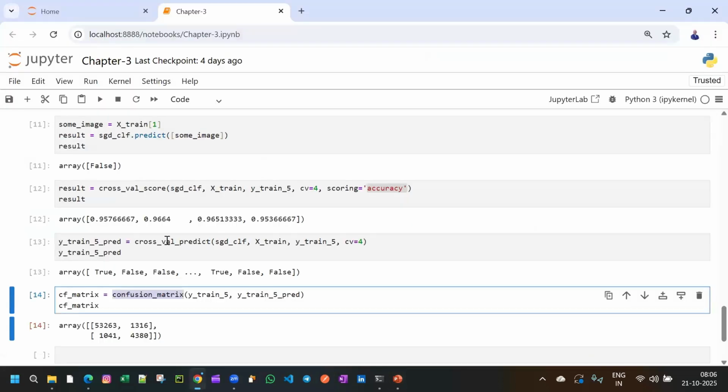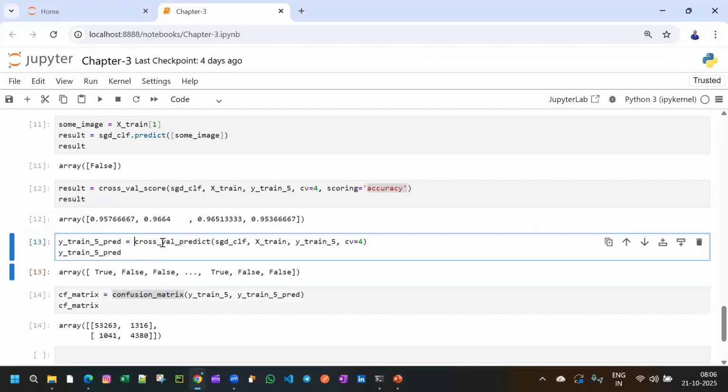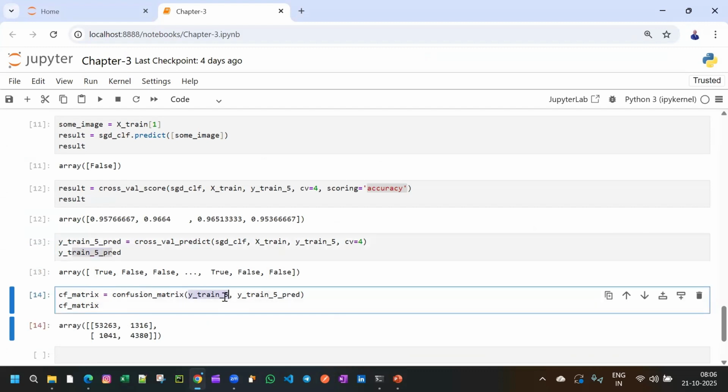So we use that. Once I have the actual labels and the predicted values of my training data, I can prepare the confusion matrix. This is all what we discussed in the last class. Is it clear so far? Does anyone have any questions up to here? Good? Yes, sir.